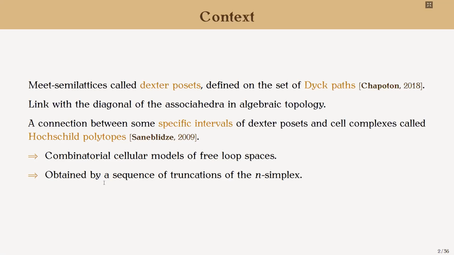For instance, we can obtain this polytope by sequences of truncation. And here, in the combinatorial way, it's another way to obtain this polytope, to see it from another point of view.